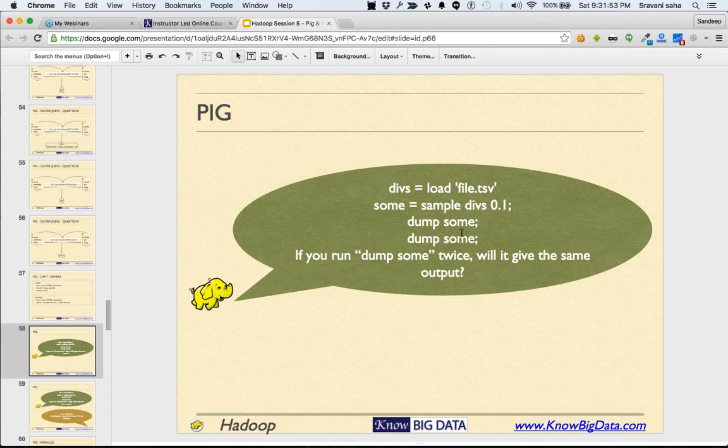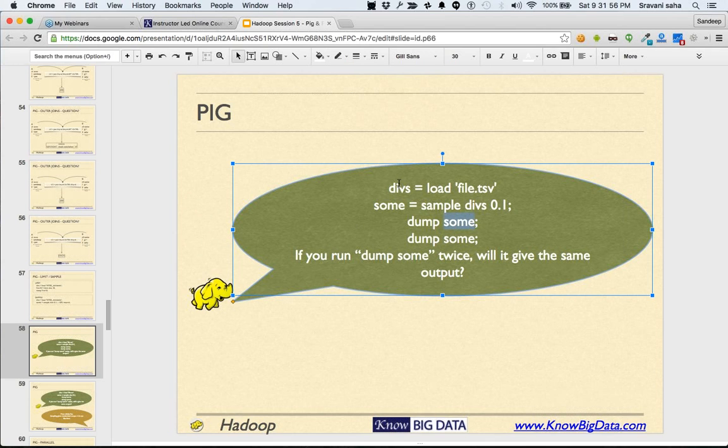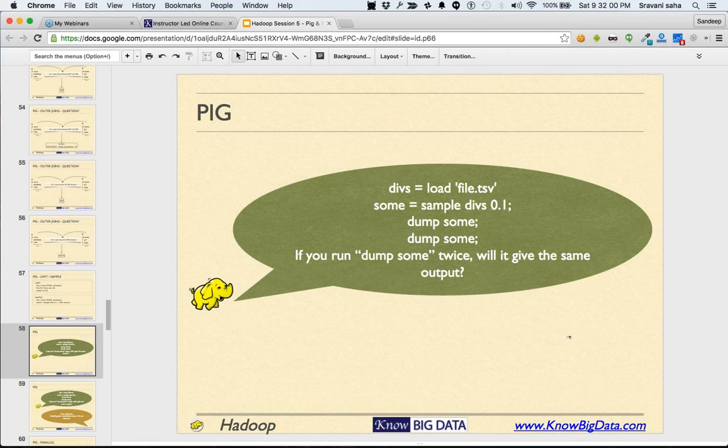It will give a different output because when you say dump, it is going to reevaluate everything and then use it. Okay. Yes, that's correct. All right.